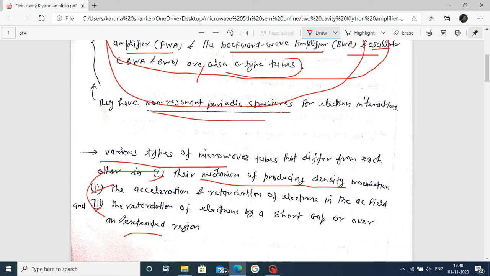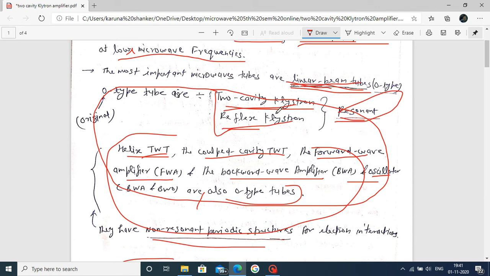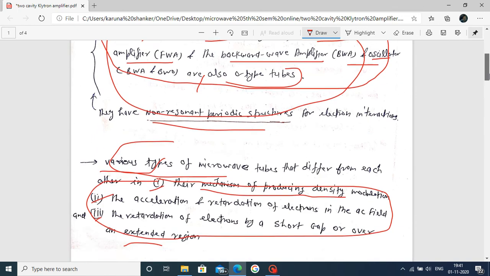These three points show how microwave tubes are designed in various types. The important ones we focus on are the two cavity klystron, reflex klystron, and helix tube. These are linear beam tubes.